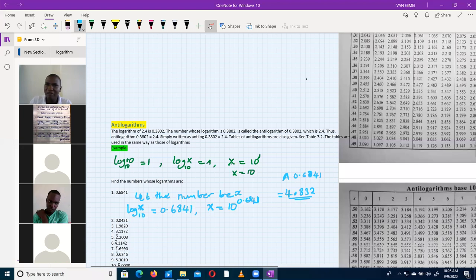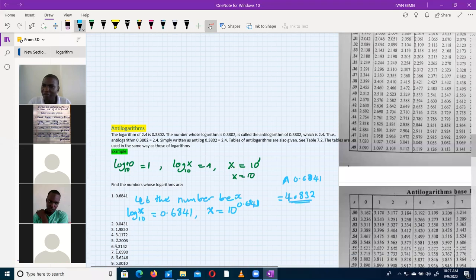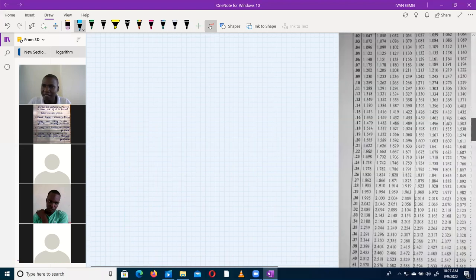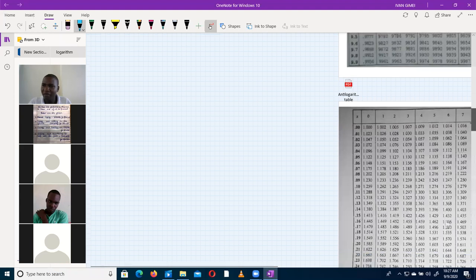Can we find this from the table in any way? Let's go to the table of antilogarithms, the same way we did with the logarithms. The first 2 digits, I'm looking for 0.68. So the first 2 digits have to be obtained from the first column. You got the table of logarithms, and this time we have the logarithm and we're looking for the number, so we use the table of antilogarithms.